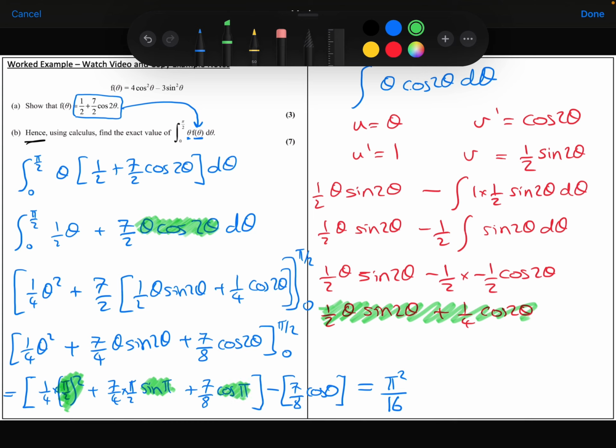Cos pi is minus 1, so 7/8 times minus 1 will be minus 7/8. And then cos 0 is 1, so I'm going to subtract another 7/8. So my final answer then, in exact form, is pi squared over 16 minus 14 over 8. And there we go, I will leave my answer like that, I think.